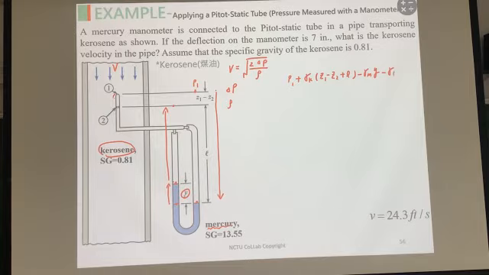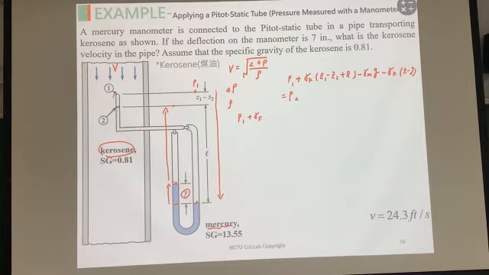So here is also minus gamma K times L minus Y, and finally equal to P2. This equation just follows the hydrostatic equation: when the elevation decreases, the pressure increases, and if the elevation increases, the pressure decreases. So here is plus, minus, minus. Okay, so we expand this equation.